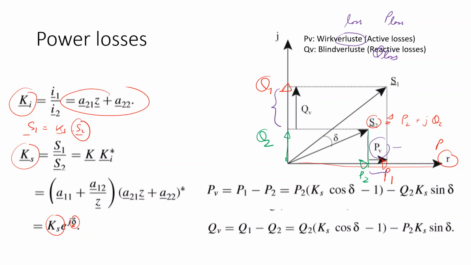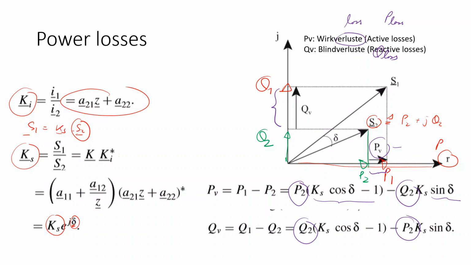PV, QV is P1 minus P2. This is this much, plus P2, which is the P at the receiving end, because we know the quantity at the receiving end. And there's a multiplication. So why do we use two-port networks?